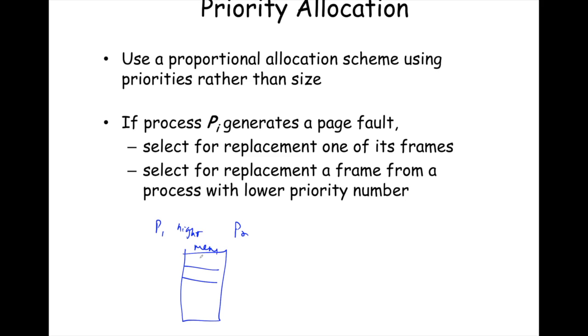So let's say this is process P1, and then we had P2, P2, P2, P2, P2, P2. So if process P1 has a higher priority and process P2 has a lower priority, if process P1 needs another frame, it's going to select a frame to evict the page from it belonging to the lower priority process.